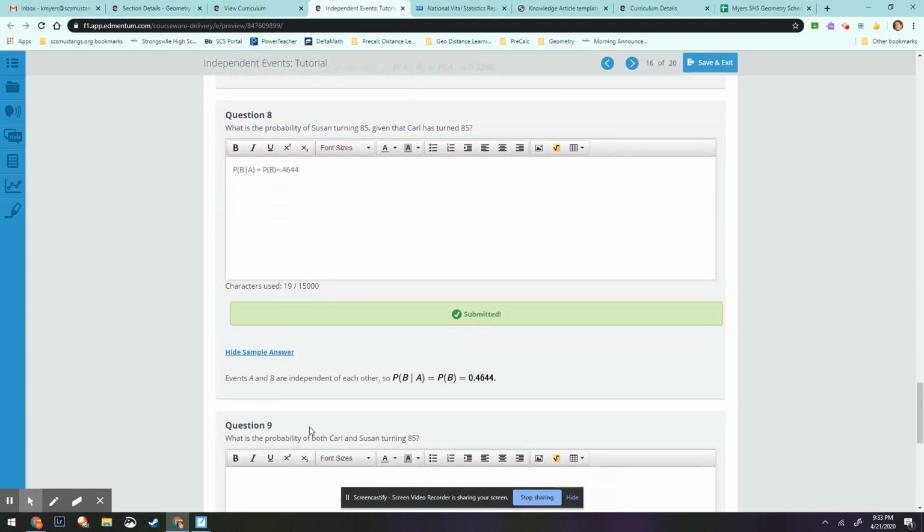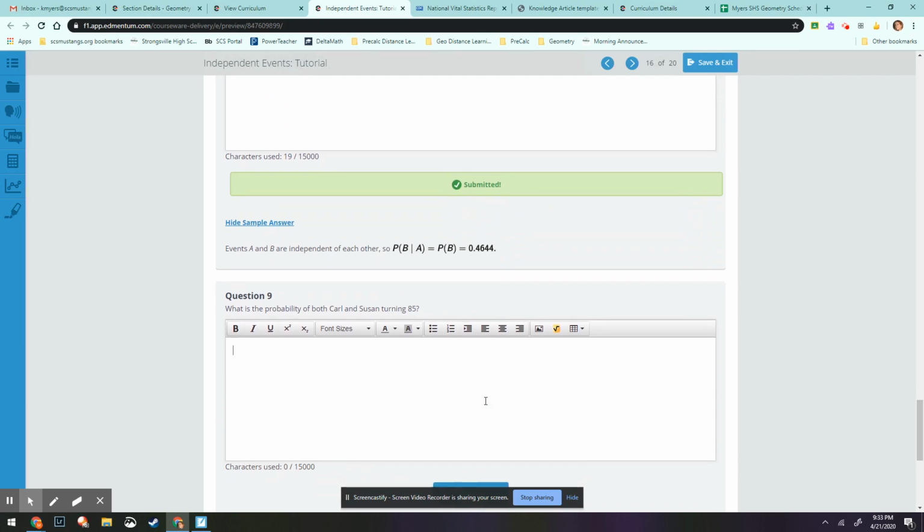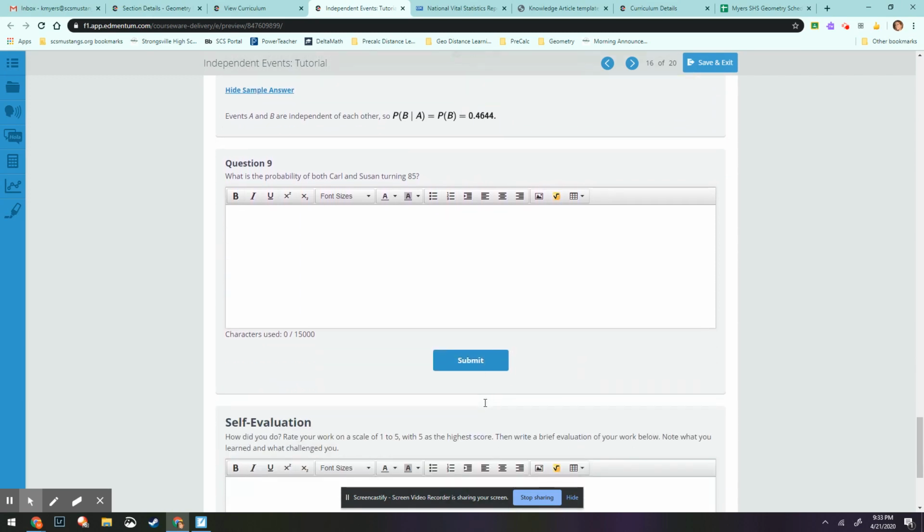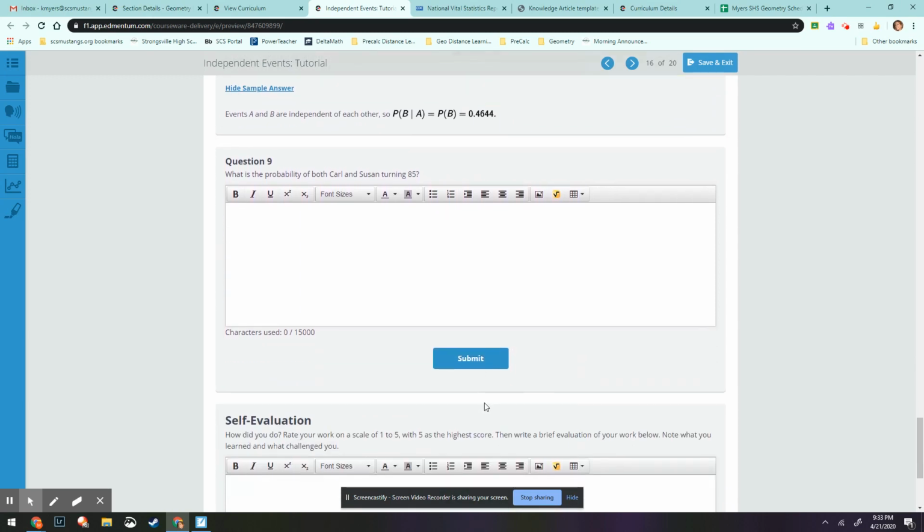And let's double check our answer. Good. What's the probability of both of them turning 85? Well, in that case, those are independent, so you're going to multiply the individual probabilities together. So the answer from number 7 and the answer from number 8. And if you use your calculator, it's 0.1531.